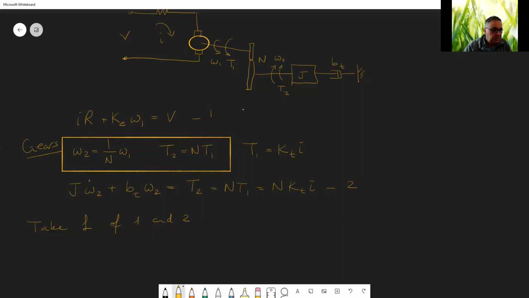So we take the Laplace transforms. From the first equation, for example, we can say that I is equal to V minus KE omega 1 divided by R, right?